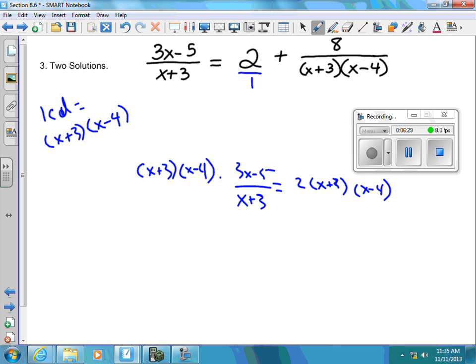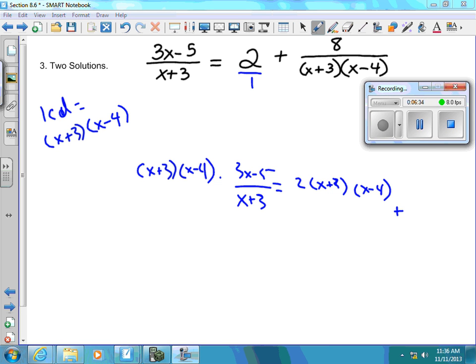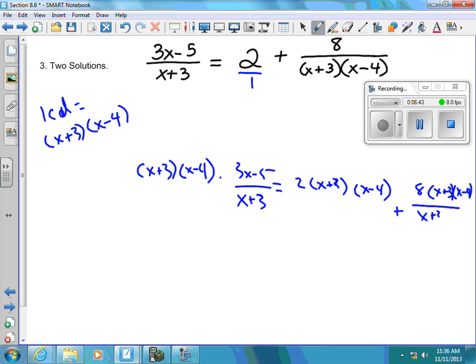And we're going to add that to 8 times x plus 3 times x minus 4 all over x plus 3 times x minus 4. So now we're going to cancel out whatever we can and then simplify from there.